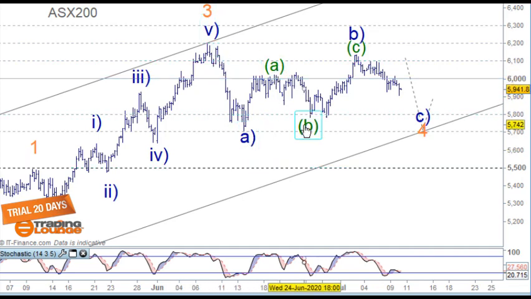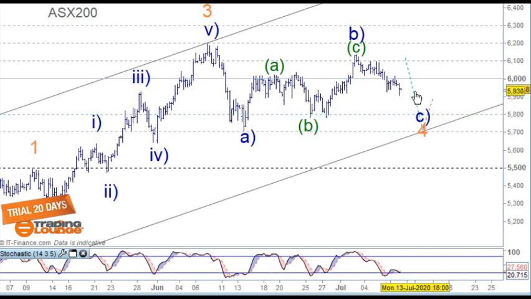the B wave, and the C wave to the upside here in 1 and 2 here, and 3, 4, 5 here for this, and then this slowly, reluctantly creeping, edging lower here.